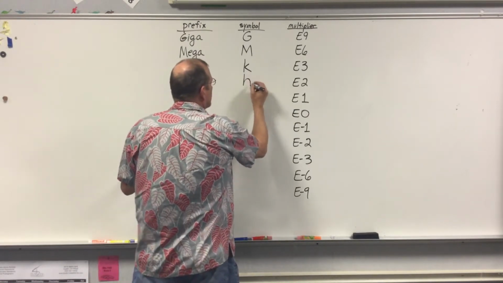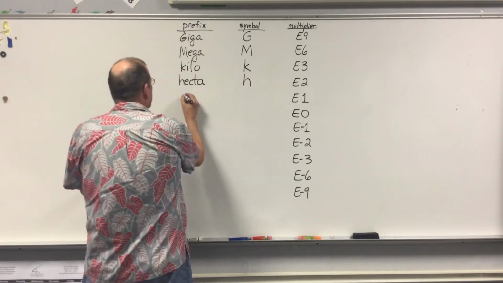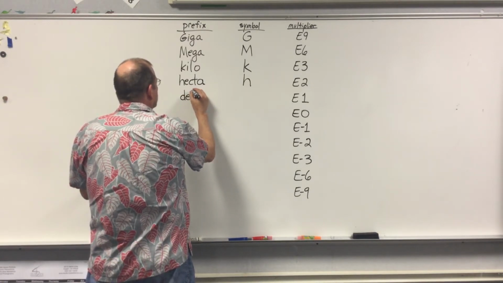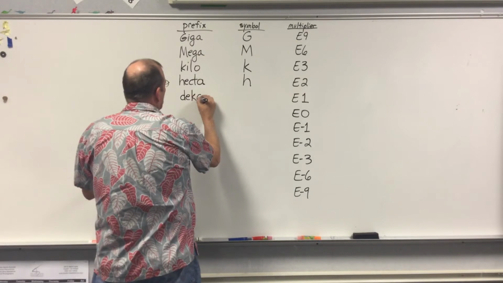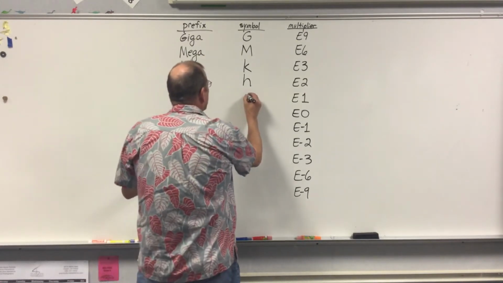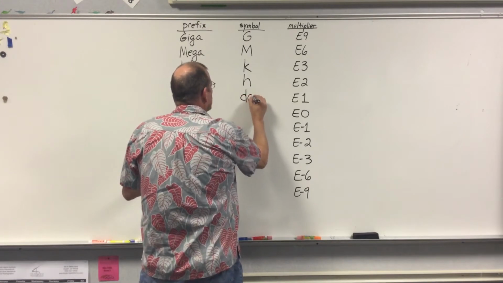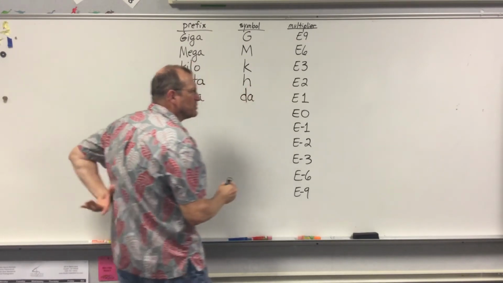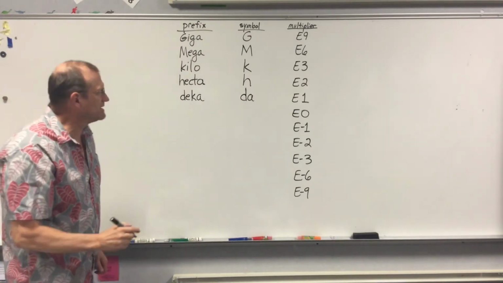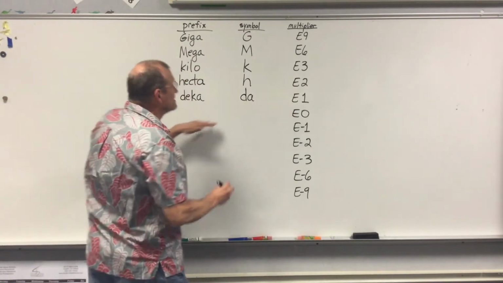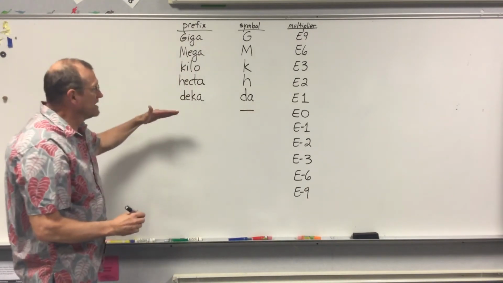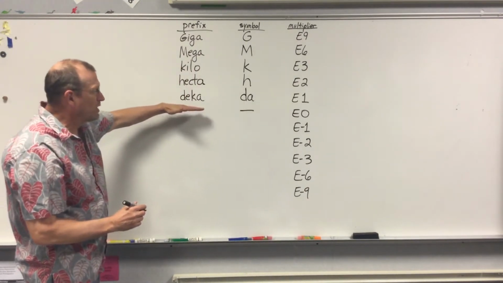That is a lowercase h. Then we have deca, and I have seen deca with a CA and a KA. We'll just put a KA here. This one is, I think, the only one on the list that is actually two letters. Lowercase d, lowercase a.